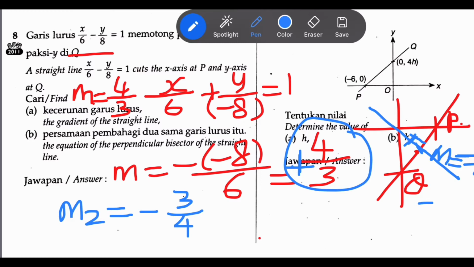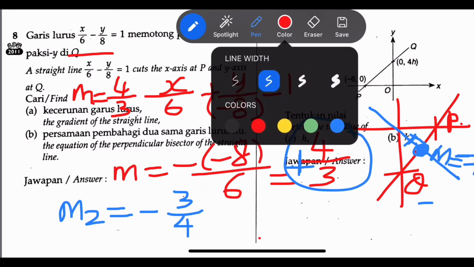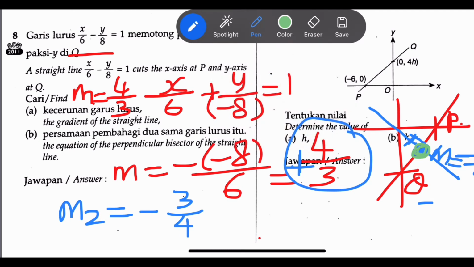So we need to find the gradient using m1 m2 equals negative 1. So that means m2 is negative 3 over 4. The blue line and the red line are perpendicular.